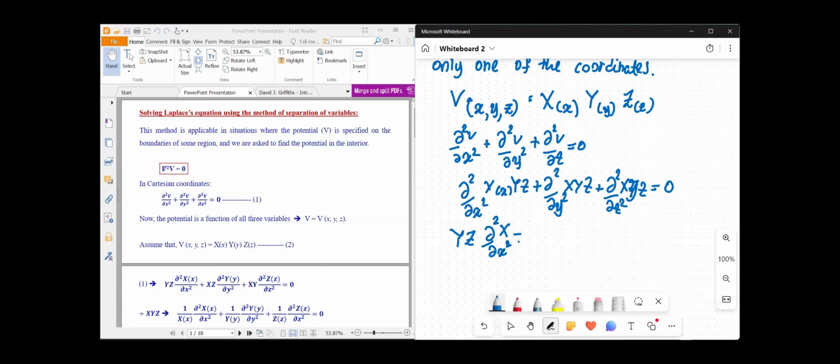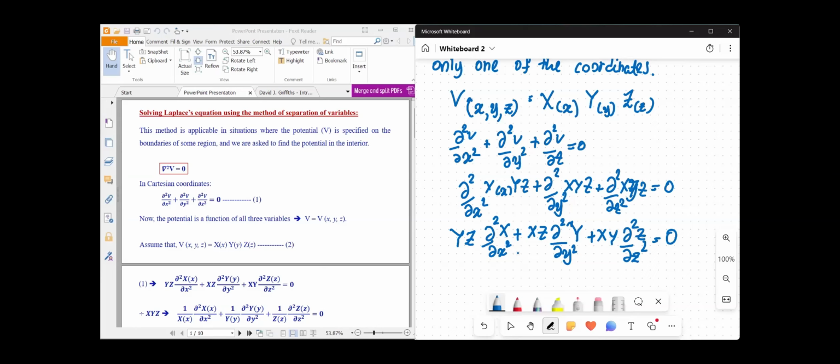Same here: X and Z we can take out, del squared Y over del y squared, plus here only this is going to be dependent on z, therefore X and Y, del squared Z over del z squared is equal to 0.